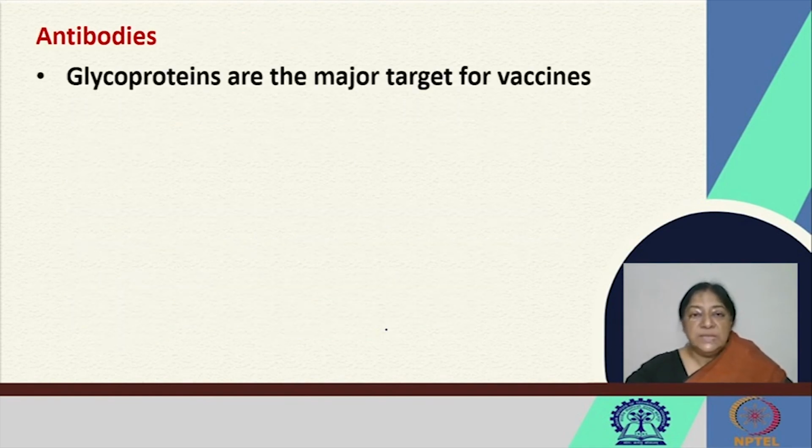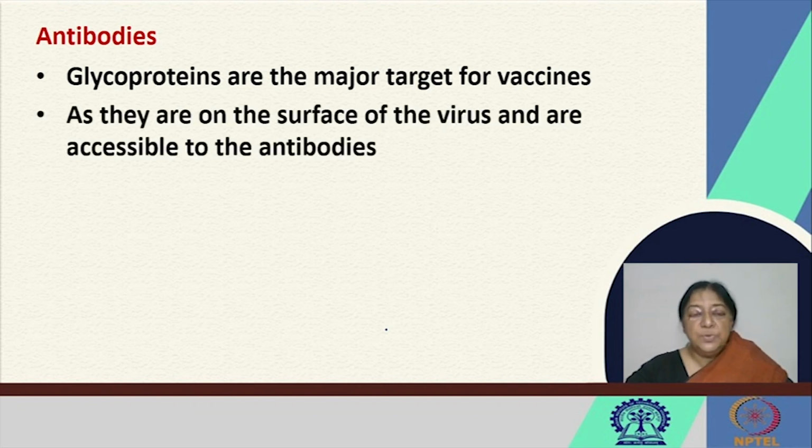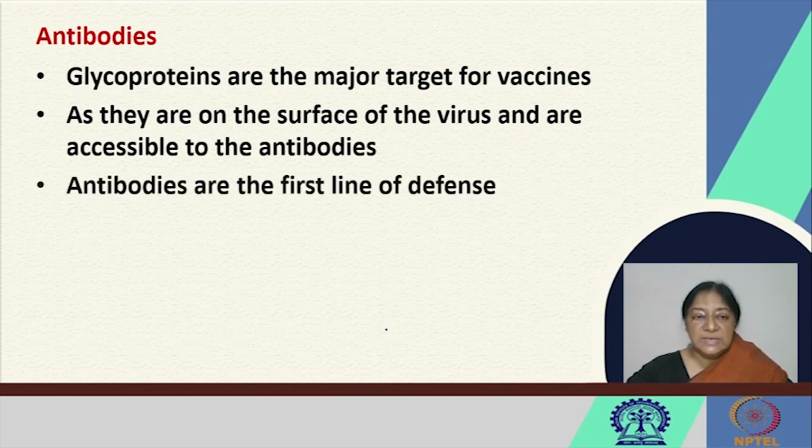Antibodies can also work in this fashion because glycoproteins are the major target for vaccines. We saw how the glycoproteins interacted with each other to facilitate the complex formation and then attach to or attack the host cell. Because they are on the surface of the virus, they are accessible to the antibodies.